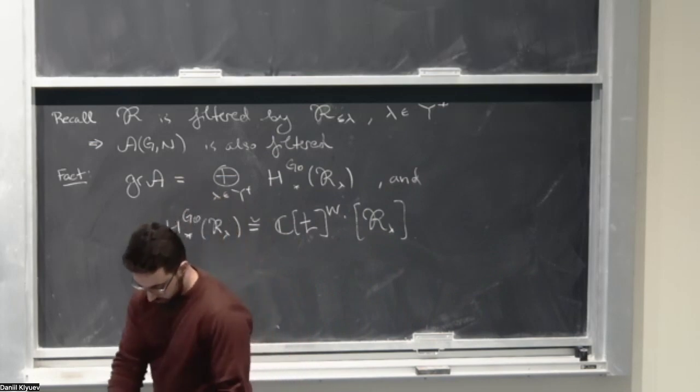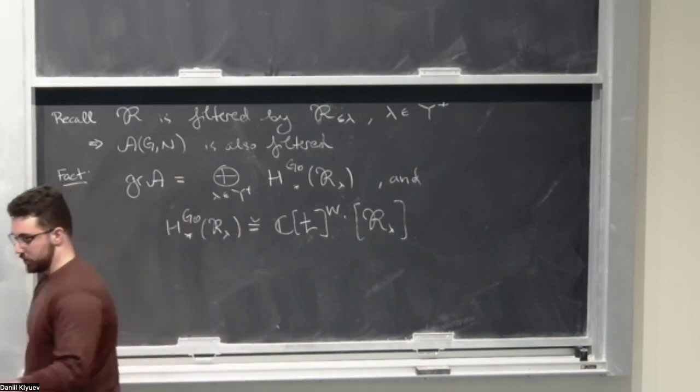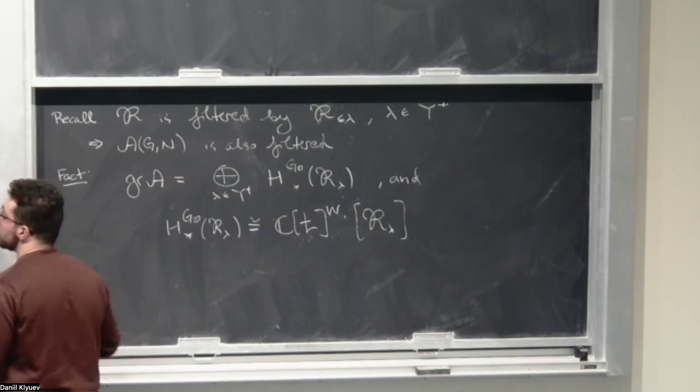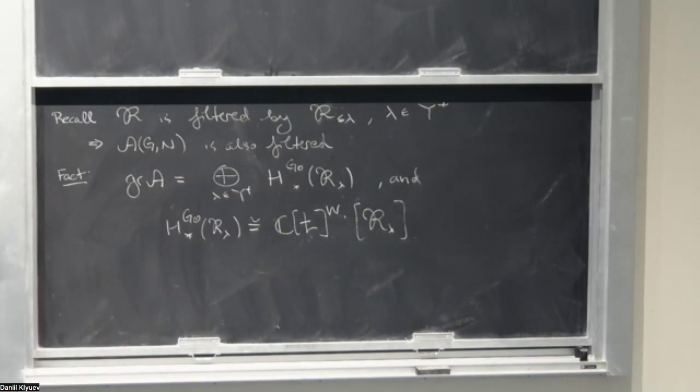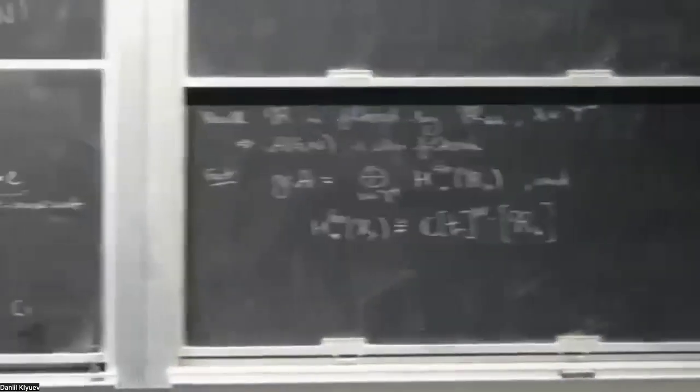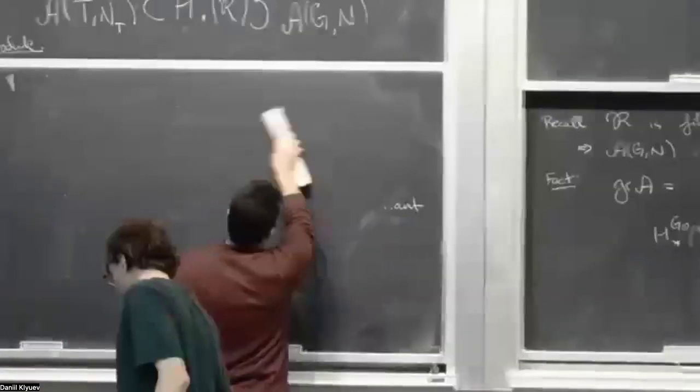Let me give you the result that lets you compute, and that I'll use to compute the rank 1 example. But in principle, you should be able to use it to compute a lot of examples in terms of the abelian case.